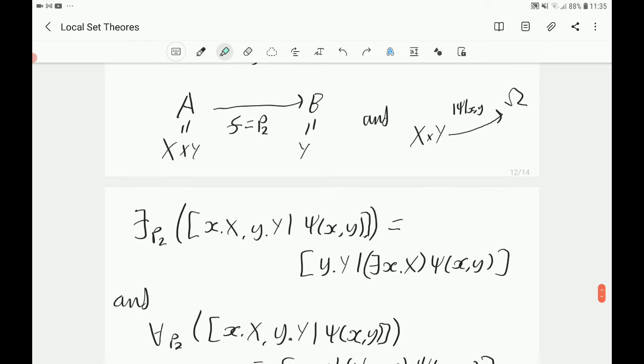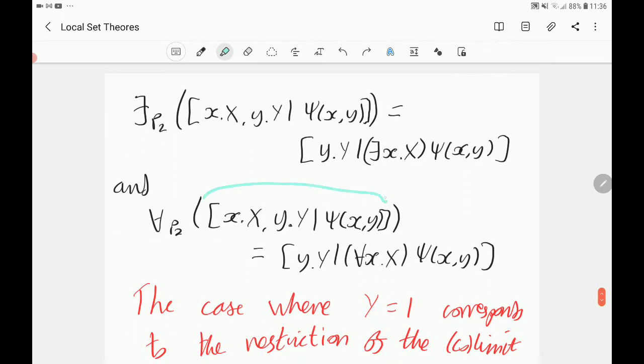Well then, this extension over this existential quantifier, exists x such that psi of xy, is just going to be exists p2 operating on this extension of psi xy over x and y, and similarly operating forall p2 on this extension gives the extension of forall. Okay, so doing forall p2 on this subobject of X times Y gives this subobject of Y, and that's the subobject for all x, psi of xy, extended over y.